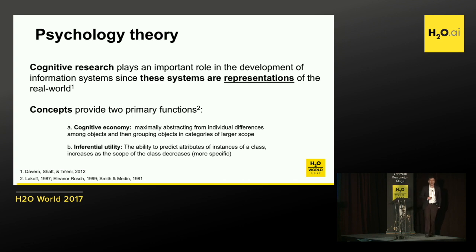One is cognitive economy. When you write, you try to maximally abstract individual differences among objects, right? If we go back to the previous talk, for instance, if you're doing crowdsourcing or a citizen science project, you can say that's a zebra, or that's a dog. But if you're more knowledgeable about that context, you can say at the species level, oh, that's a German Shepherd.